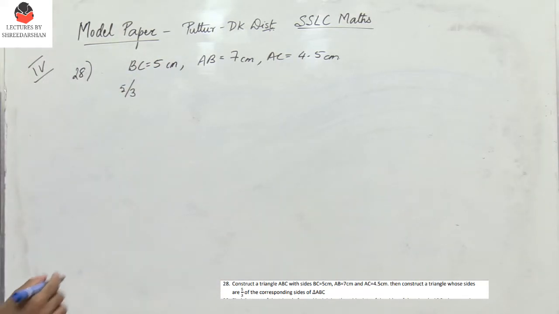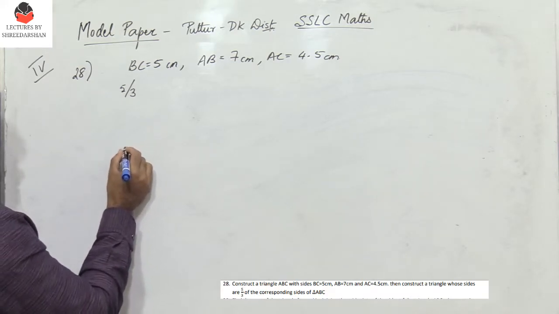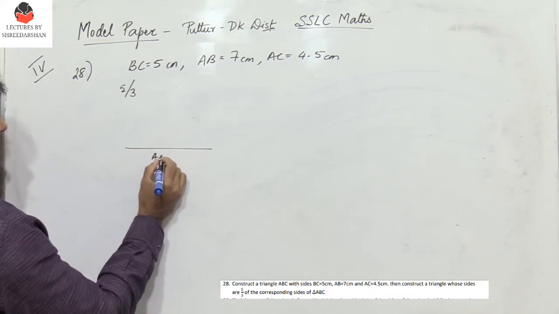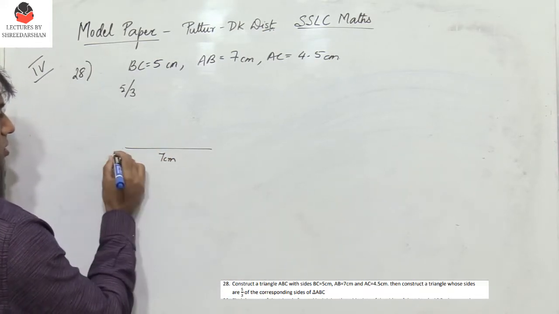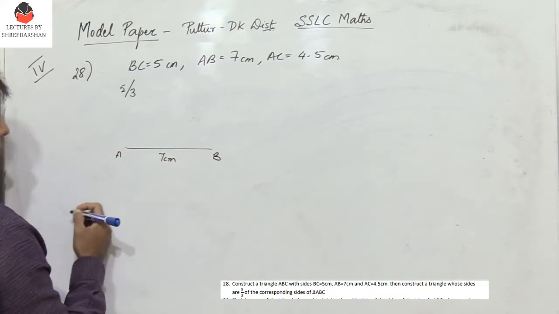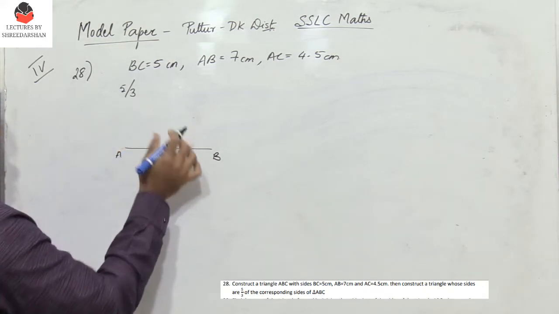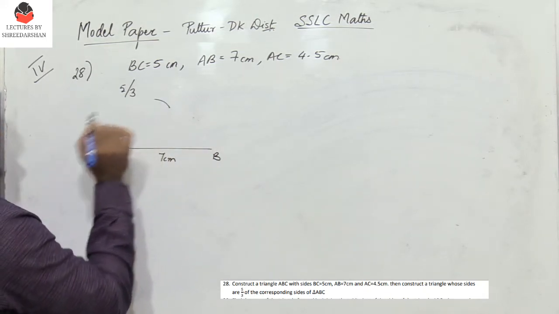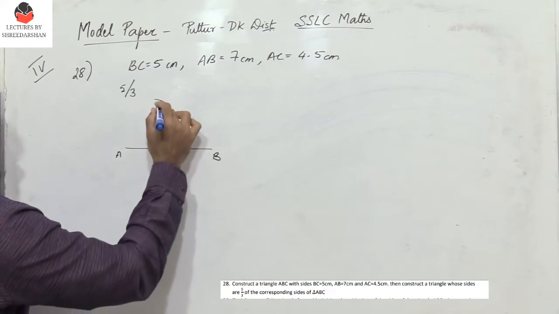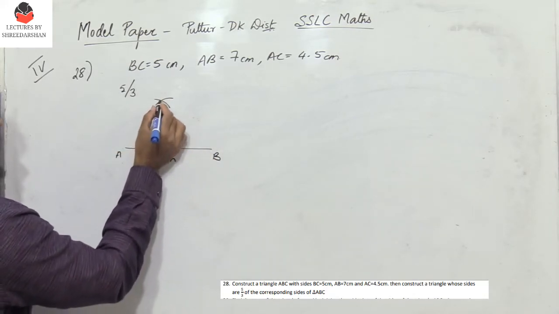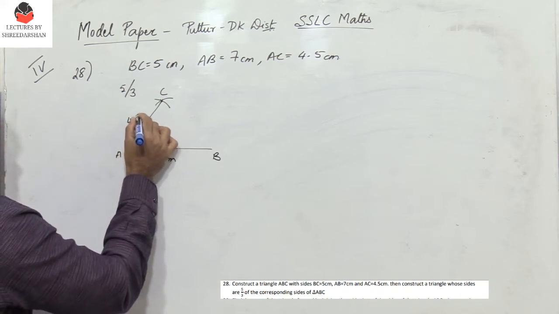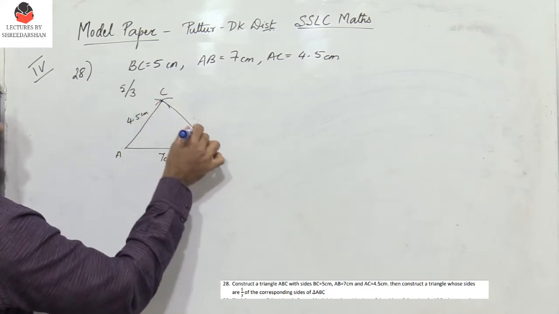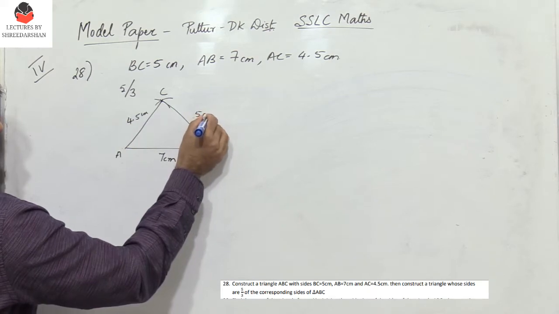So first let us construct triangle ABC. So I draw a line AB of length 7 centimeters. So this is AB. Then from A I take a distance 4.5 and cut an arc. And then from B I take a distance 5 and cut an arc. And this is point C. So I have 4.5 centimeters and this is 5 centimeters.